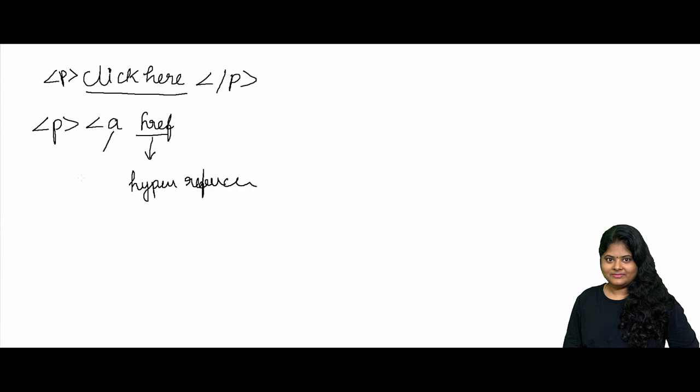So a means anchor, and href means hyper reference. So href is equal to any other file or any other link we can give. So just we are giving https://www.google.com.